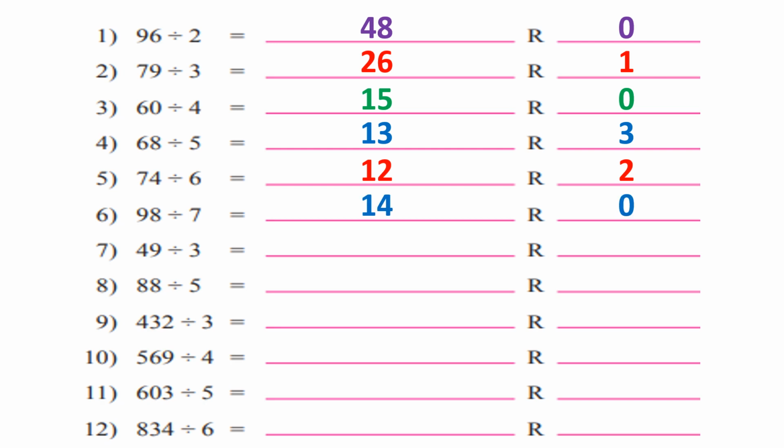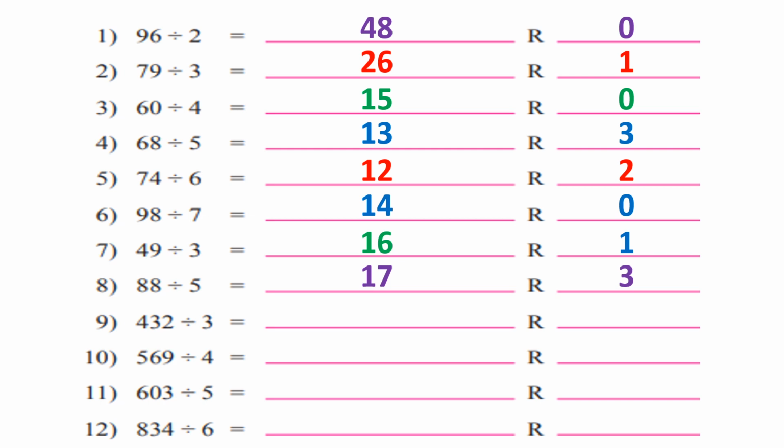Number 6. 98 divided by 7 is 14, remainder 0. Number 7. 49 divided by 3 is 16, remainder 1. Number 8. 88 divided by 5 is 17, remainder 3.